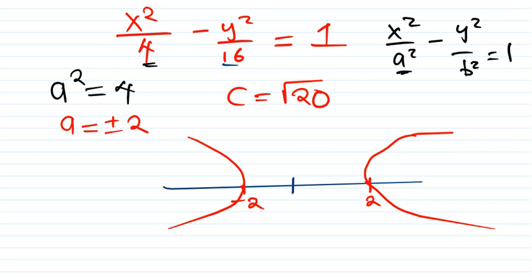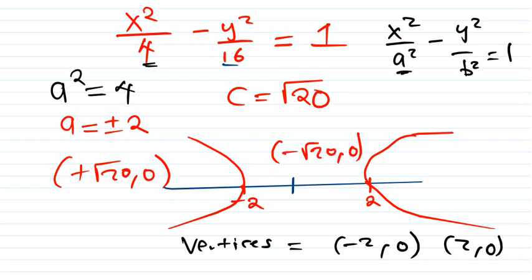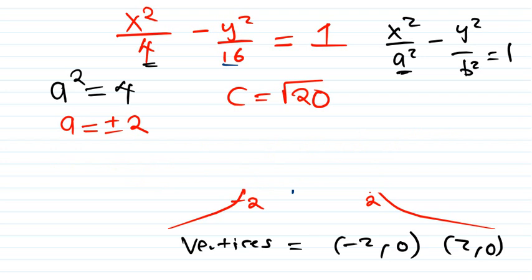So for the vertices, we have -2, 0 and 2, 0. For the foci, that's where we use now c, so it will be plus or minus root of 20, 0. The center is of course the origin, 0, 0.